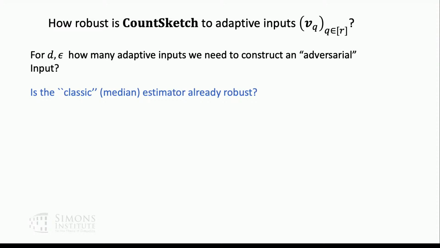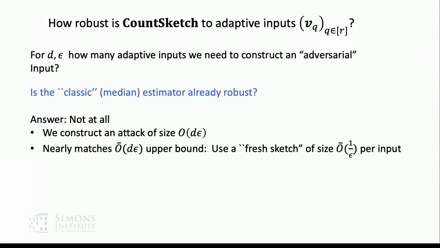So, for count sketch, our first question was whether the classic estimator was already robust. I'll just review that. We constructed an attack that is linear in the size of the sketch, which nearly matches the trivial upper bound of using a fresh subset of rows for each query.